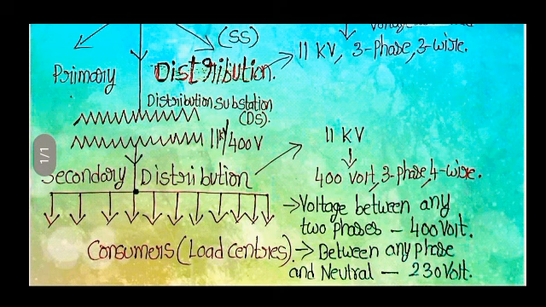This network mainly comprises two lines called transmission and distribution lines. It plays the most important role in the transmission of power from generating stations to the consumers.